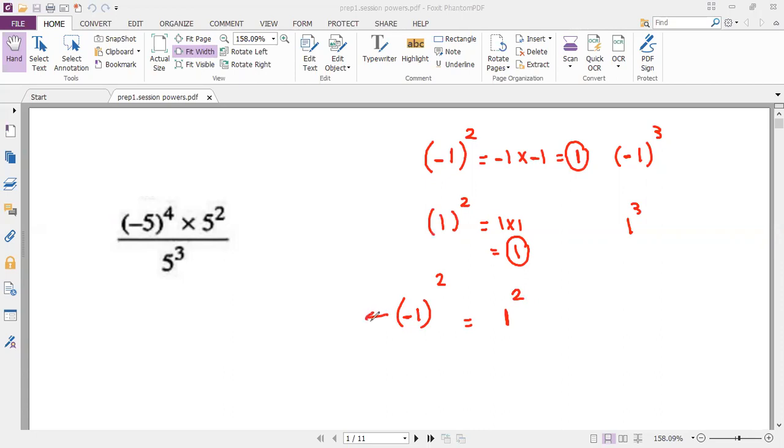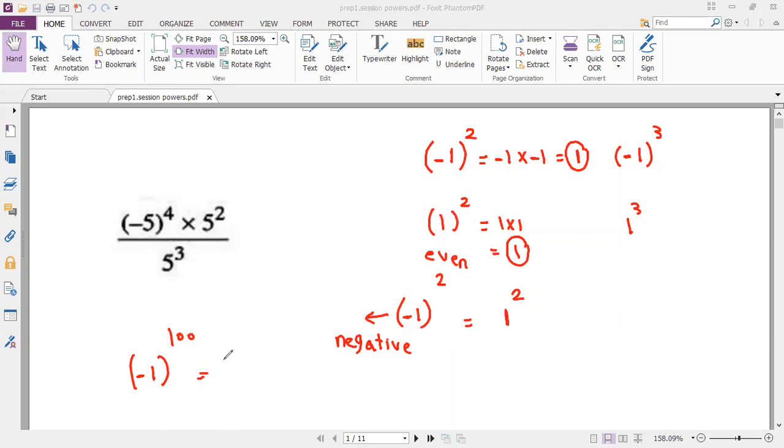And this number is negative. If you look at the base, the first base is negative, and the power is an even power. So an even power cancels the negative sign. So -1 raised to the power of 100.